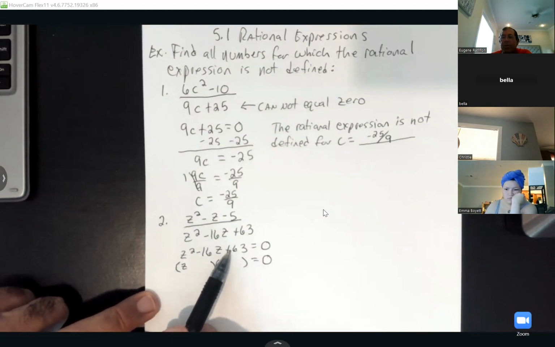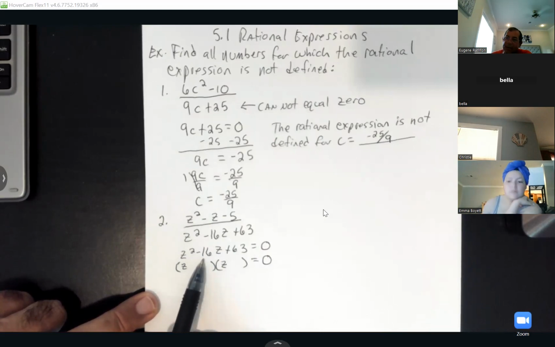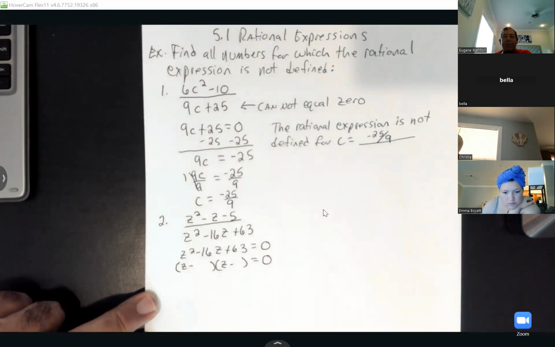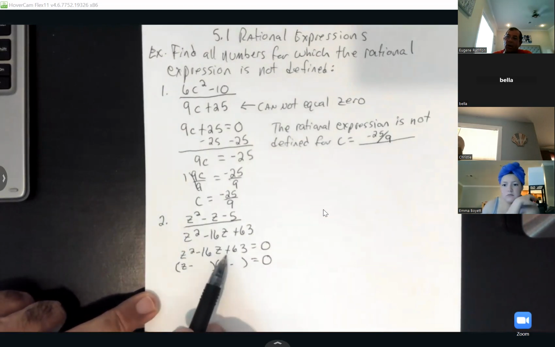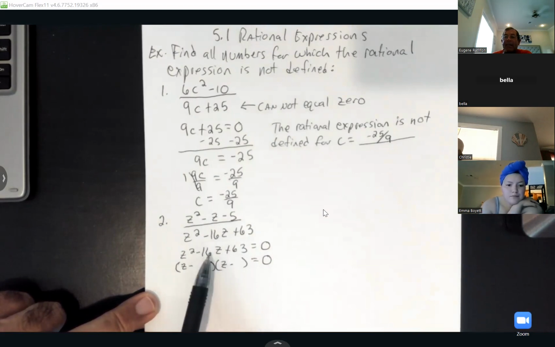If the last number is positive, then both of these factors will have the same sign as the middle number. So since that 16 in the middle is negative, both of these factors will be negative like the middle. And that's all because that last sign's positive. So now, to finish this out, I need to find factors of 63 that add to get 16.